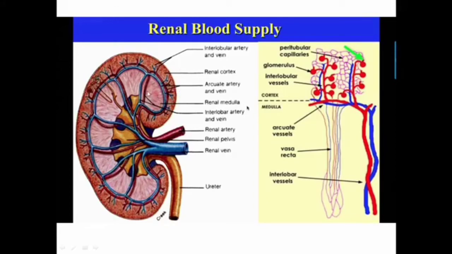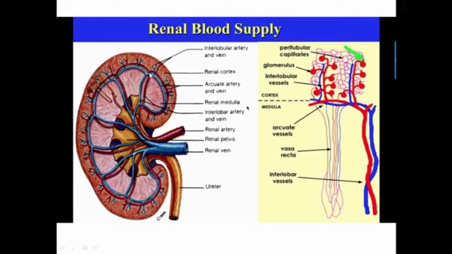On approaching the corticomedullary junction, these divide into 2 branches running parallel to the surface of the kidney, and these branches are called the arcuate arteries.